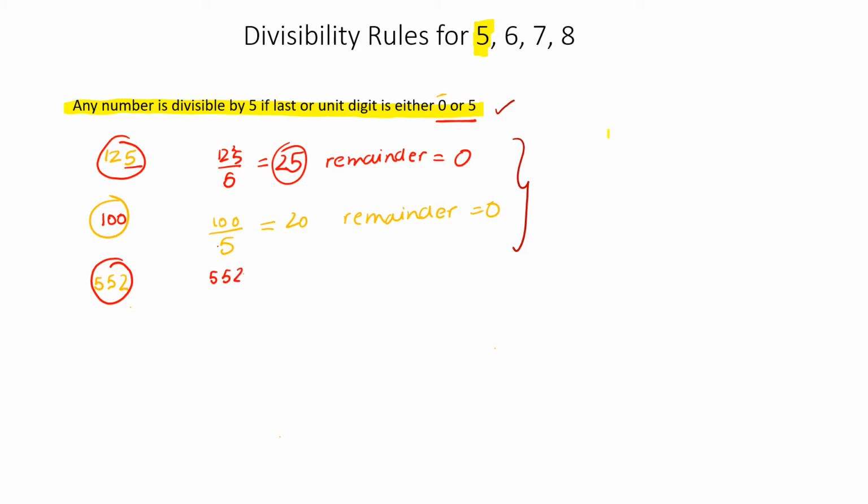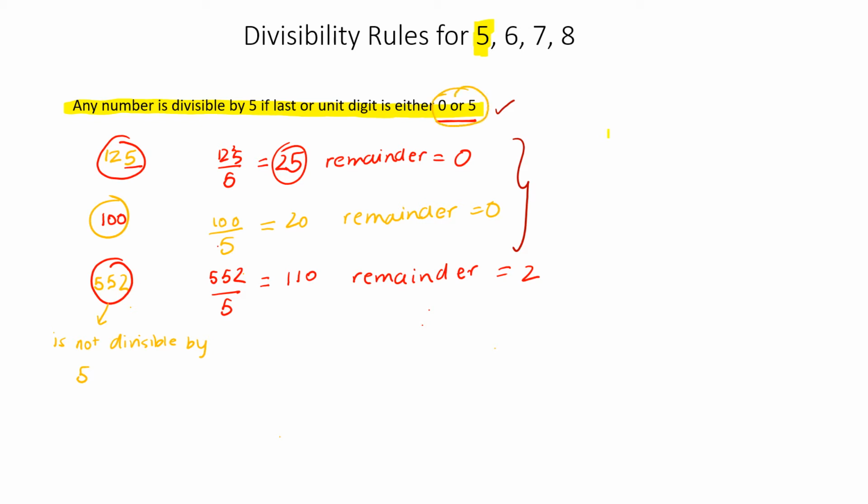552 divided by 5. Well, that goes 1, 1, 0, giving us a remainder of 2, which proves that this number is not divisible by 5 because it does not end with either 0 or 5.